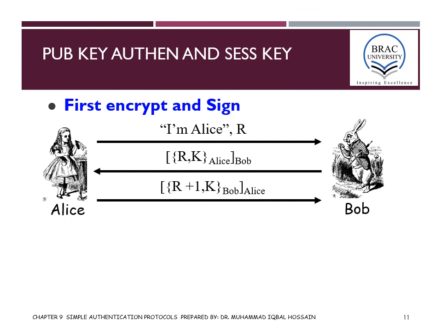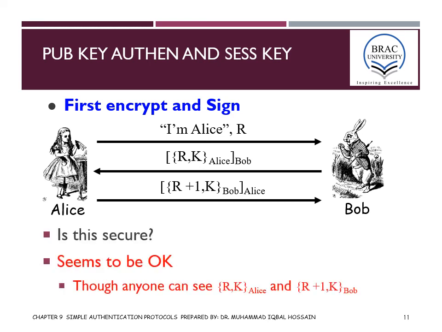What about if we encrypt first and then sign it? In the previous slide we signed it and then encrypted it. But now we encrypt it first and then sign it. So what will happen here? It is also fine. But because this is signed by Bob's private key, Trudy can use Bob's public key, or in this case Alice's public key, and she can get this part.